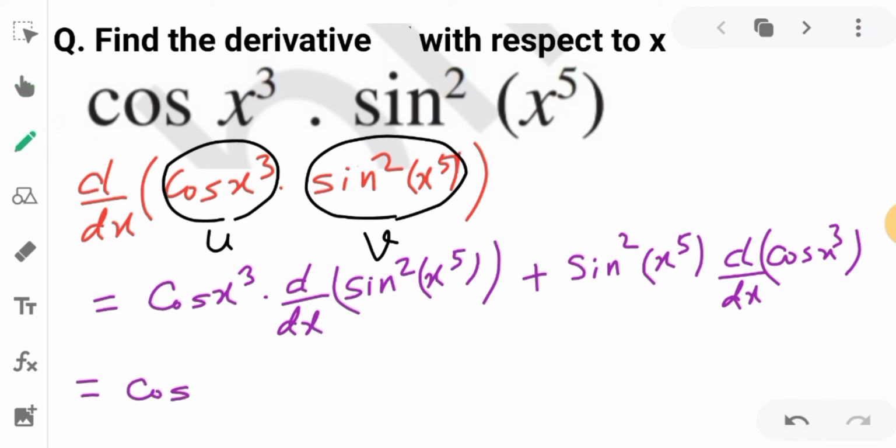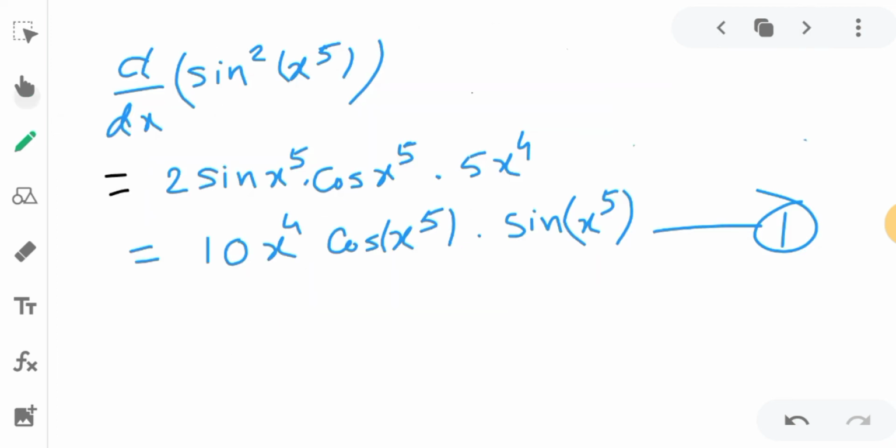So I will put cos x cube into derivative of this. So you can find separately also in exam. Okay, if you are not comfortable doing here, then you can find one by one like this, and you can put the values.